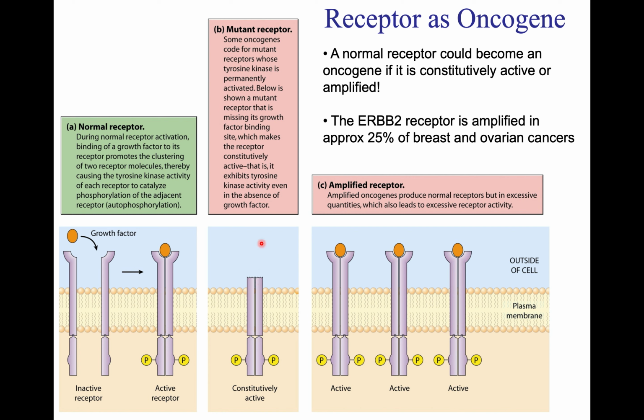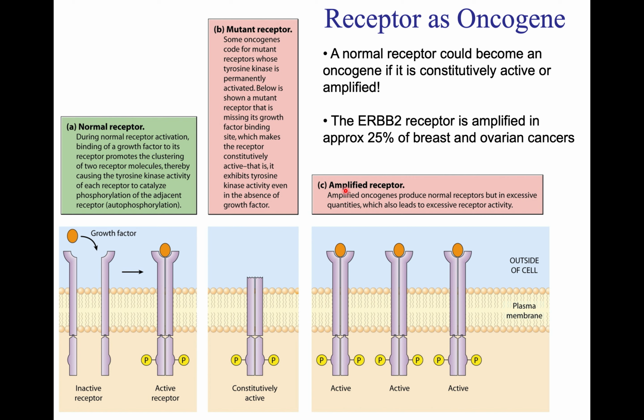So even without any signal, and in fact in this particular mutant, the protein is even lacking the part that would bind to the signal, but what's left of that receptor is always on, so it's always sending the downstream signal to divide.